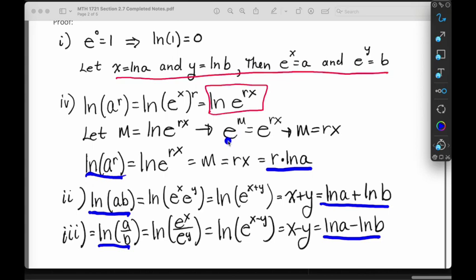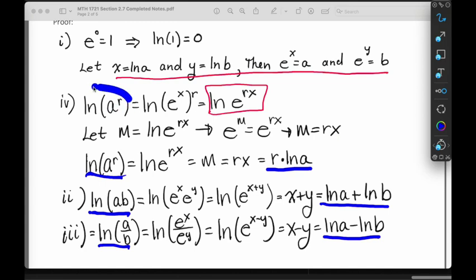Because exponential functions in general are one-to-one functions, if e to the m is equal to e to the rx, then m has to be equal to rx. So now I have that m is equal to r times x.